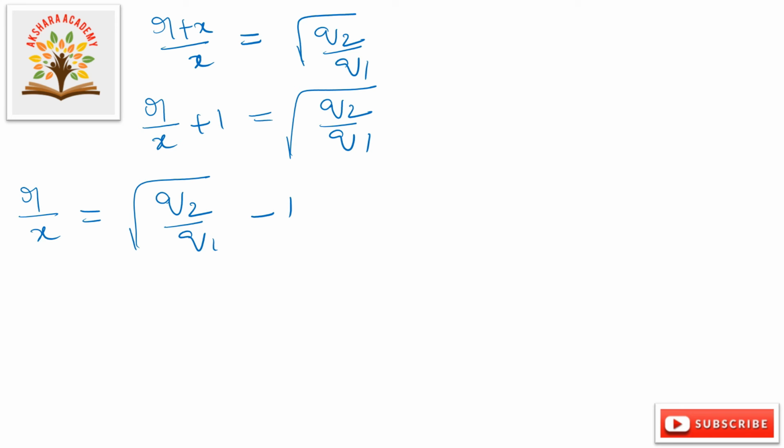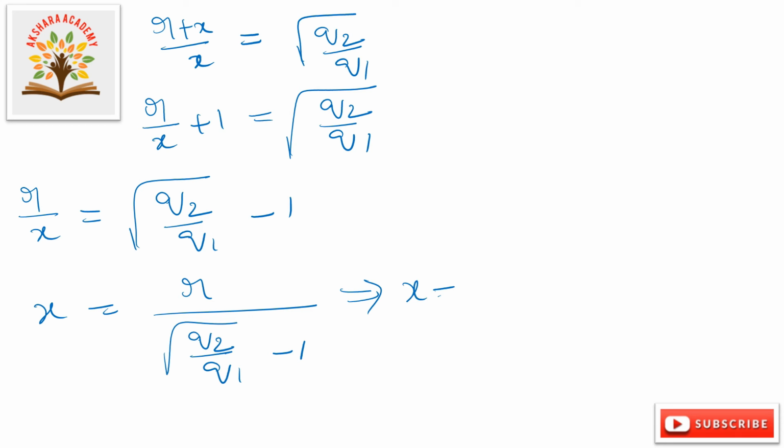Now from this, x is equal to r by square root of q2 by q1 minus 1.